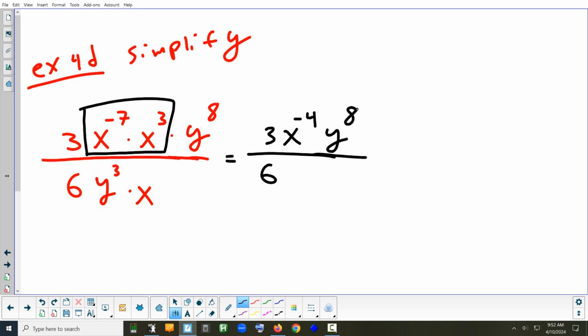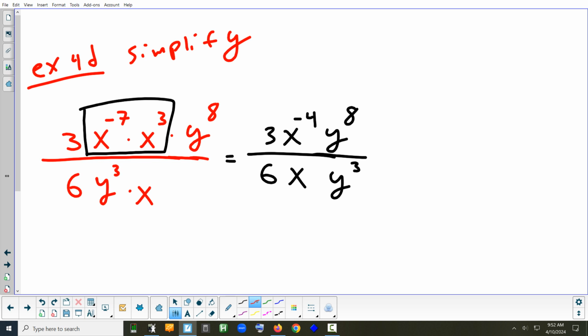What's in the bottom that we didn't do anything with? The 6, yep. Everything except I kind of want to put the y under the y, and I want to put the x under the x. Now, is there anything that's negative that's in the top that needs to move?